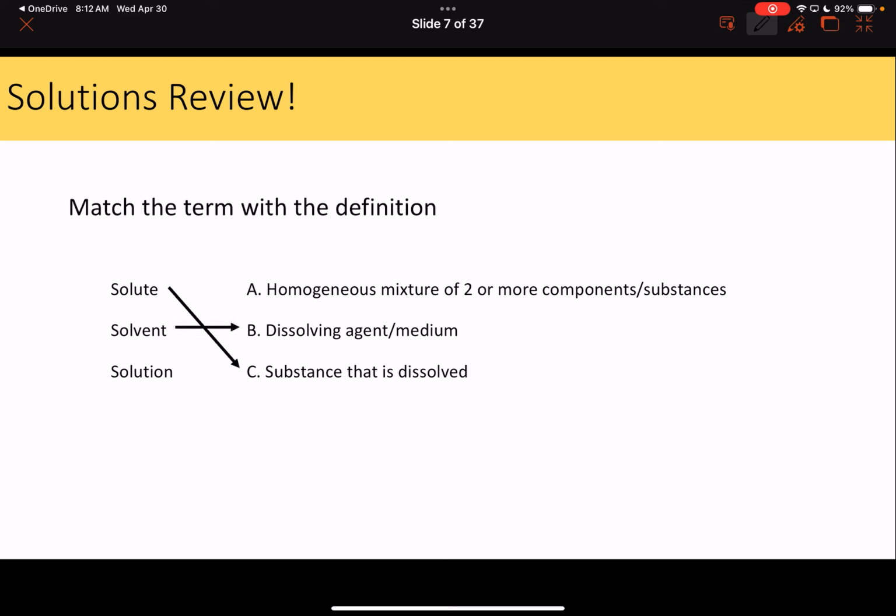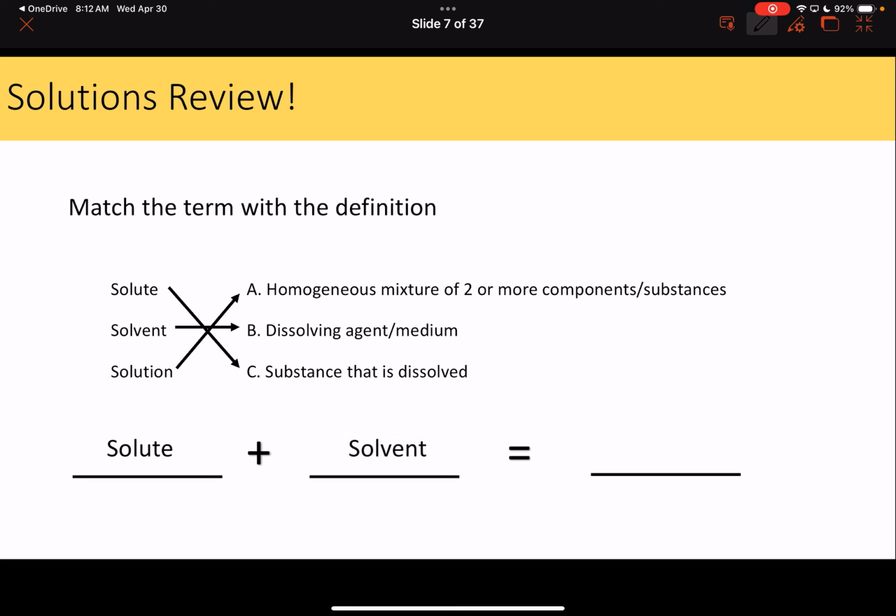B, it's the dissolving agent or medium, and it's usually going to be water. And so solution is the homogeneous mixture of those two things. So a solute plus a solvent makes a solution. And that should be review for you all. See, this one's not so bad. It's not a lot of review. A lot of things you should already know. Okay, everyone good here? Can I move on from this slide?